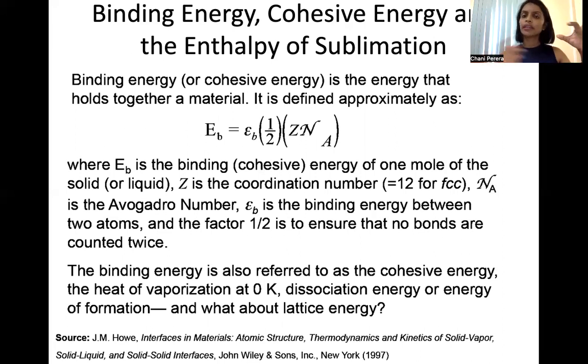You take a corner atom and calculate how many atoms are in touch with it, or with the atom you're interested in. For FCC, we take it as 12. That means if you take a face-centered cubic structure and a corner atom, it is touching exactly 12 atoms. So that's why we have 12 for FCC.